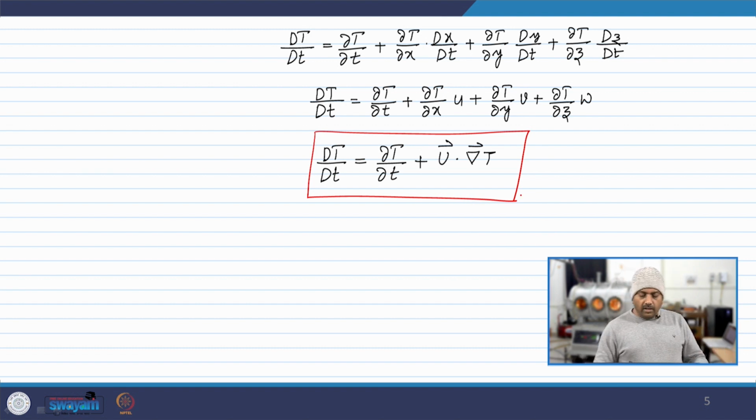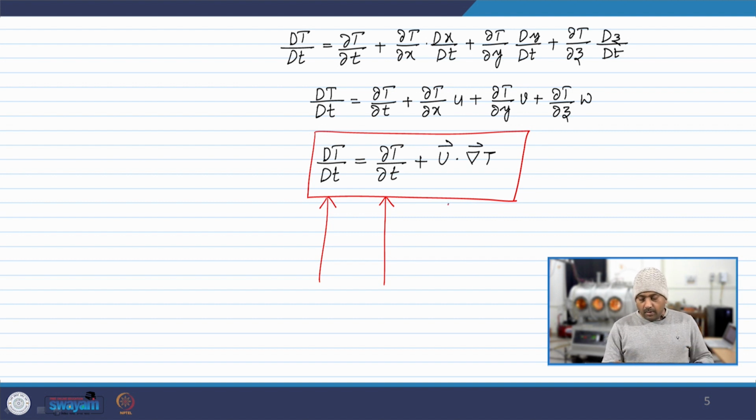What you see here is the total change in temperature which happened over a period of time. That is equal to the rate of change of temperature which happened only because of time. That is one situation which can exist all by itself also.